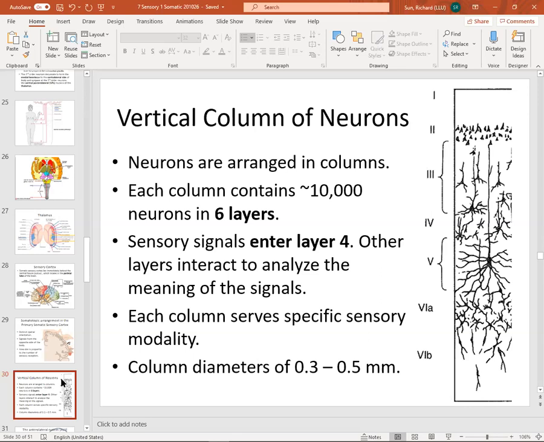The signal inputs are usually in layer 4. It's the same here in the somatic sensory cortex, and it will be the same in the visual cortex. So the inputs are all in layer 4. That's probably the only thing you need to know: 6 cellular layers, and the signal input is in layer 4.